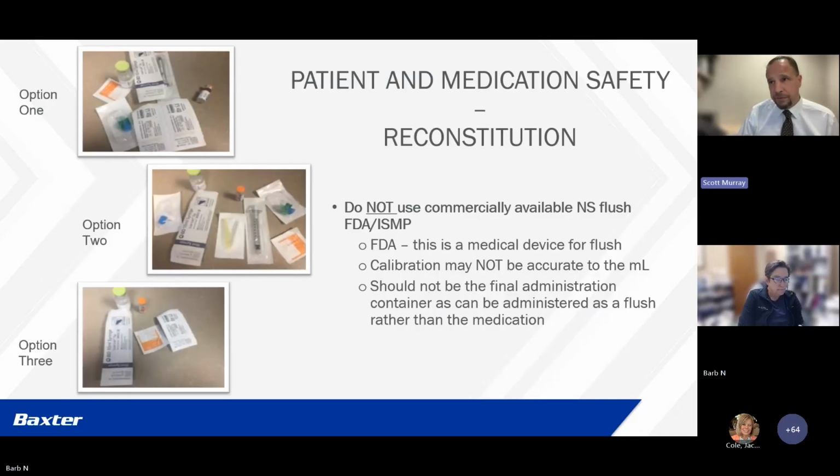So this was an opportunity for collaboration with pharmacy and nursing, and in this case, medication safety. As Barb had mentioned with ISMP, we actually at the institution did the ISMP IV push gap analysis to see how our practice measured up and looking for those quality improvement areas.